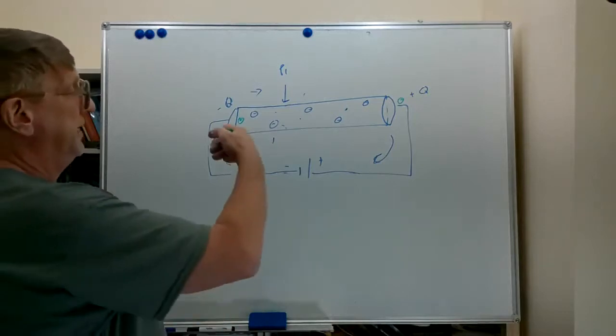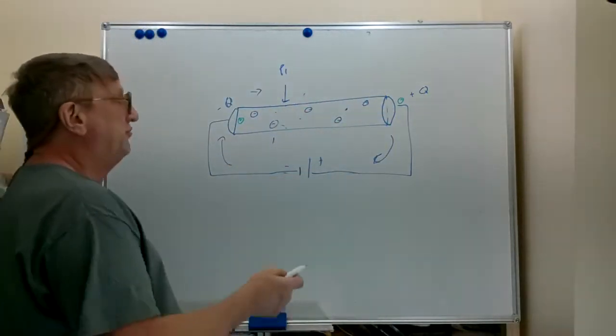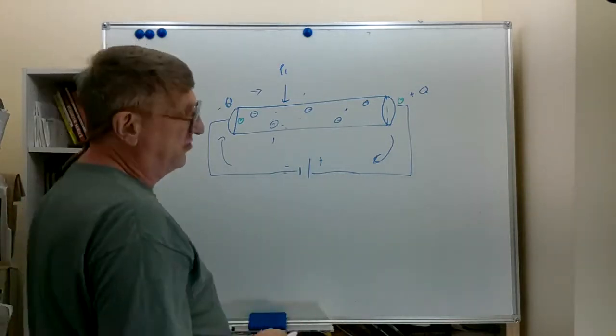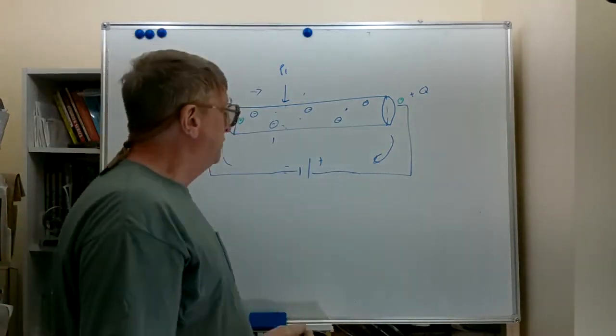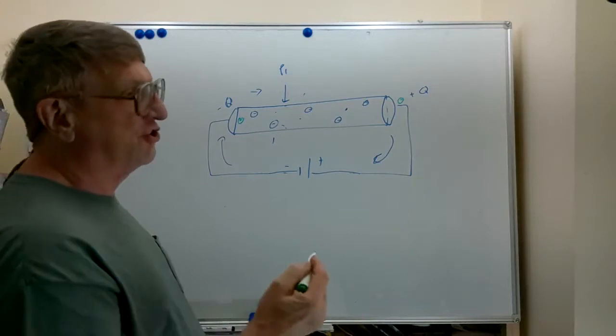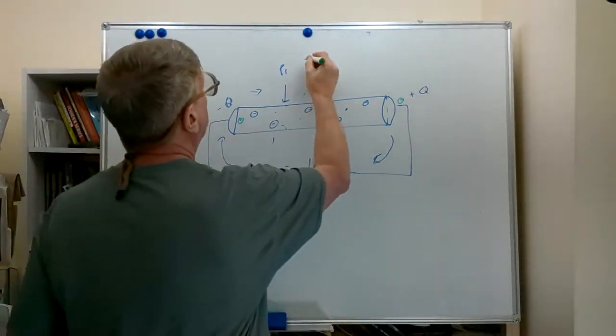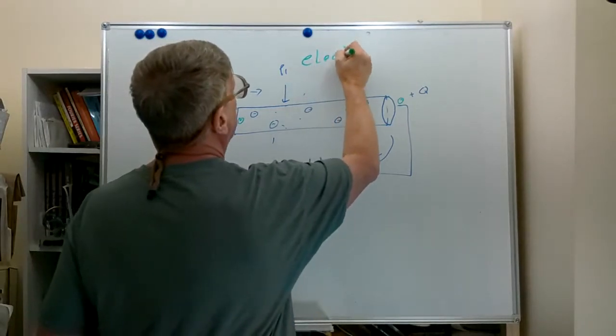In general, in wires, metals, we have free electrons that are moving, and those are our charge carriers, and we often call it an electron current or electron flow.